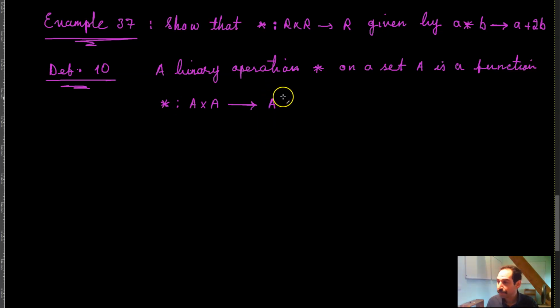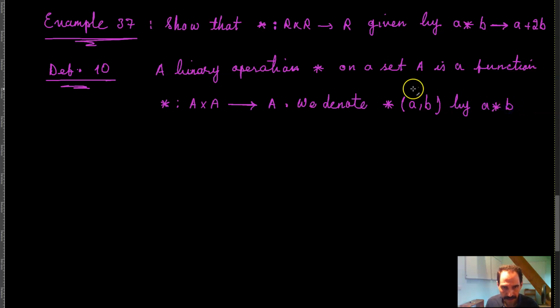And then we denote star of A comma B by A star B.